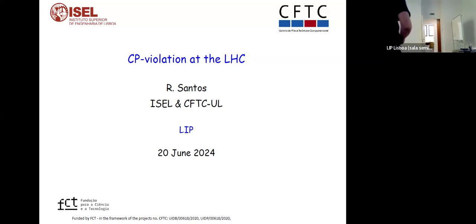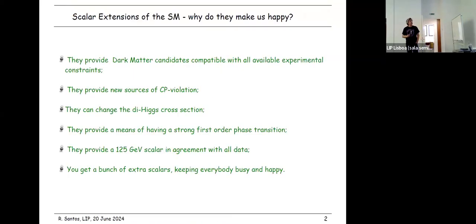Right, so I'm going to tell you about CP violation at the LHC. I will talk about CP violation in a lot of different contexts, from tree-level processes to loop processes.